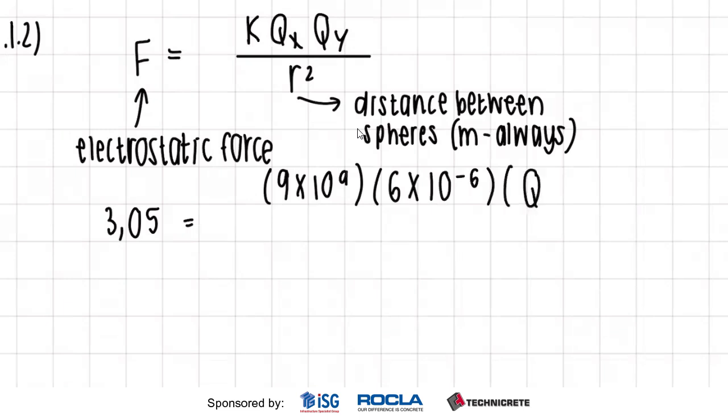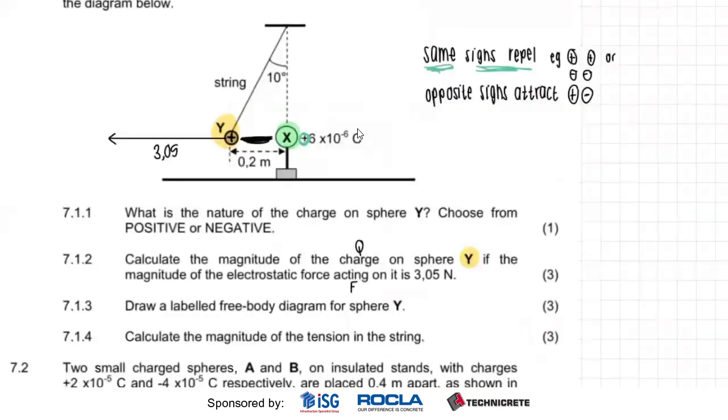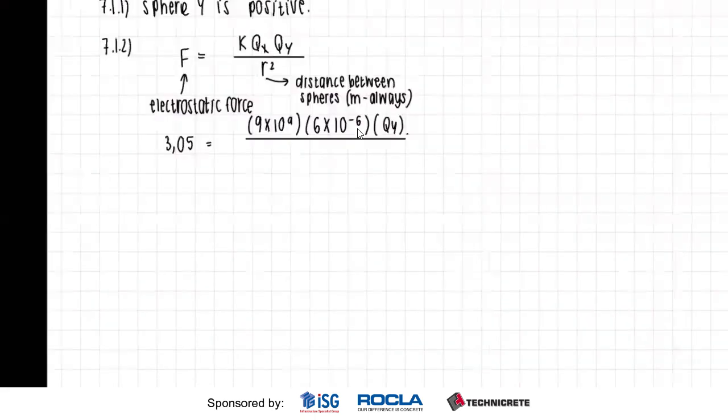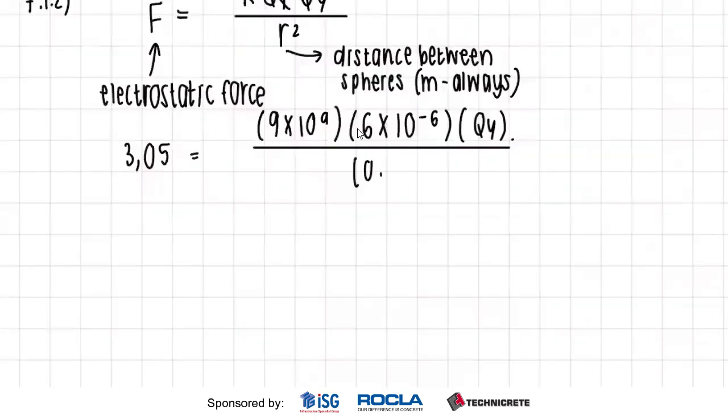And we are looking for the charge on sphere Y. Over the radius, the distance between the spheres, we were told over here is 0.2 meters. Over 0.2 squared.